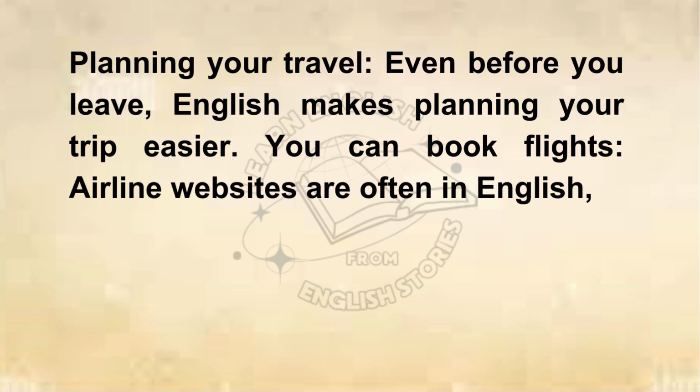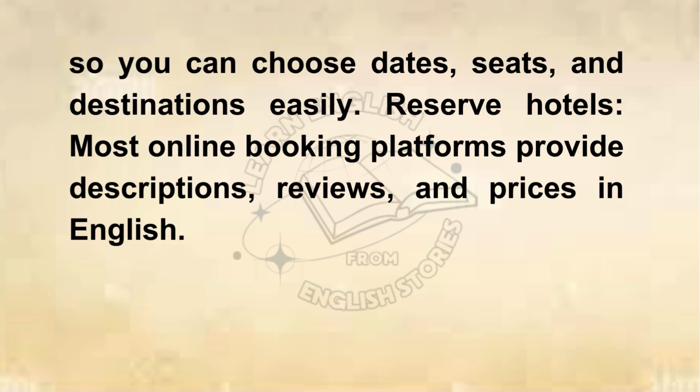Planning your travel. Even before you leave, English makes planning your trip easier. You can book flights. Airline websites are often in English, so you can choose dates, seats, and destinations easily. Reserve hotels. Most online booking platforms provide descriptions, reviews, and prices in English.